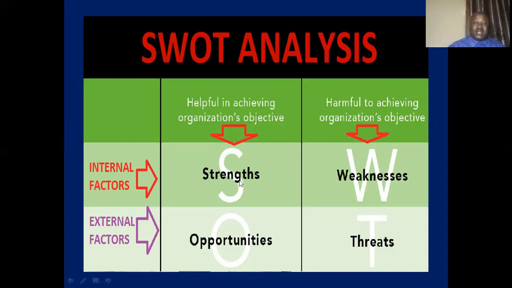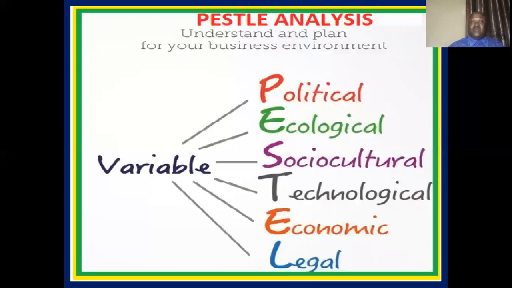Strength is what will actually propel the organization to success. Weakness will pull the project down. External factors include opportunities and threats. Opportunities will actually help the organization to succeed, whereas the threats will pull down the project, and it may not actually go very far.